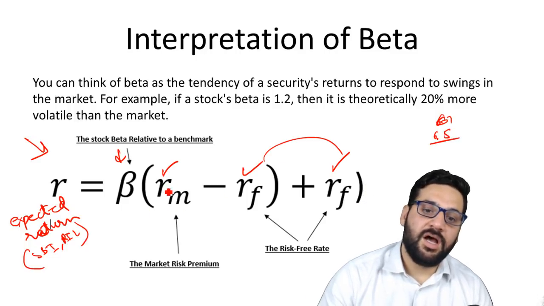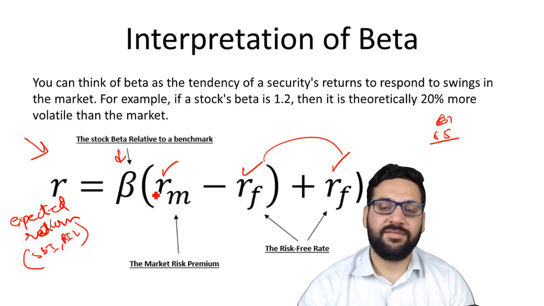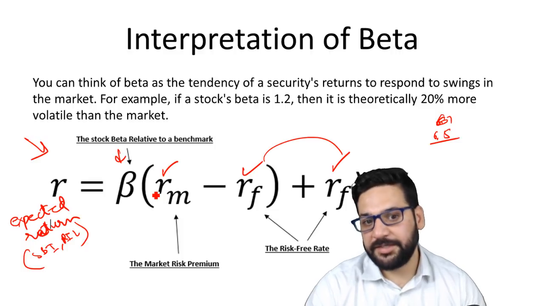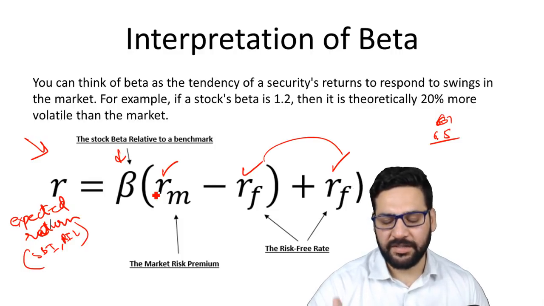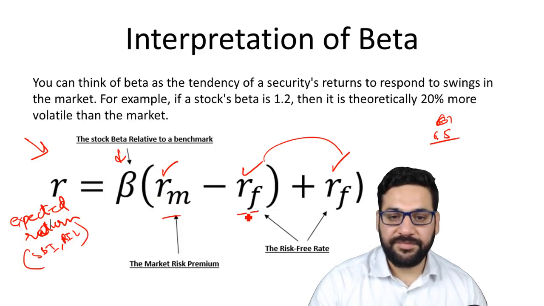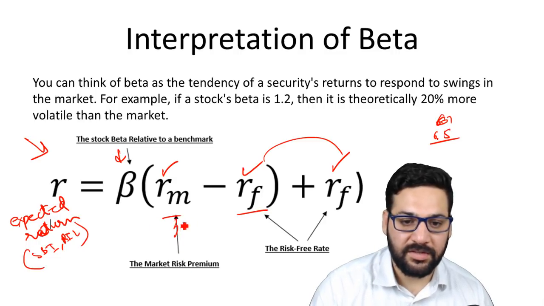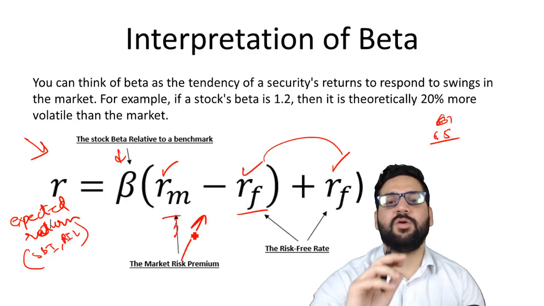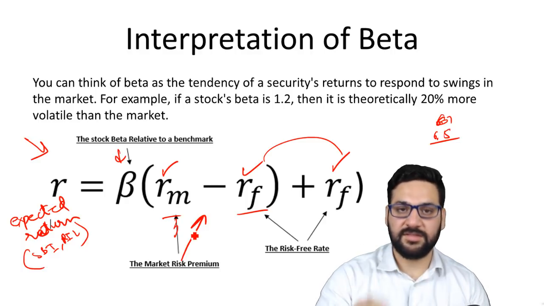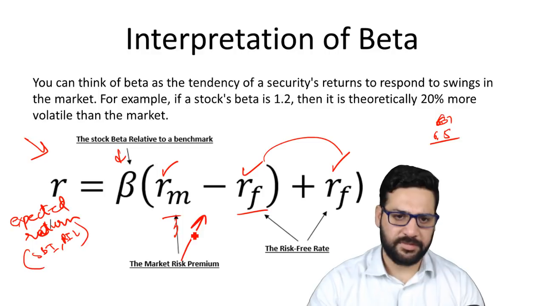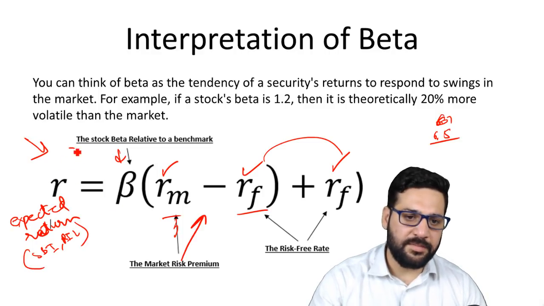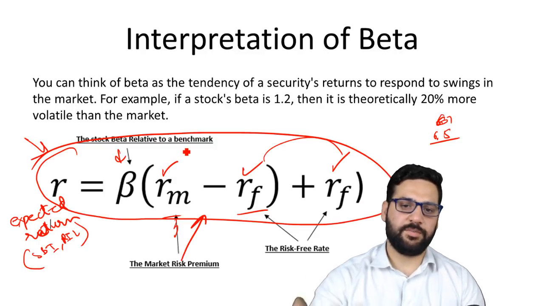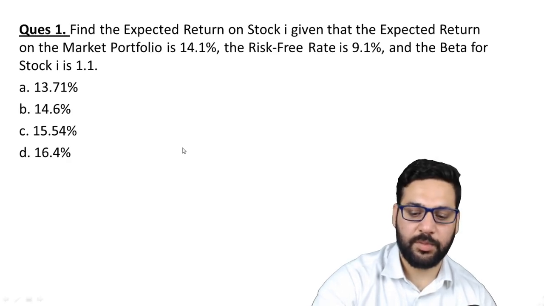And let's say from the last 5 years the Sensex is giving a 13% return, then 13% is the market return, and RM minus RF is the market risk premium. Whatever money you are making from the stocks in the Sensex, minus the risk-free return, that is the premium. This is a simple formula that you need to remember, students. You'll be able to understand it more by doing simple questions.